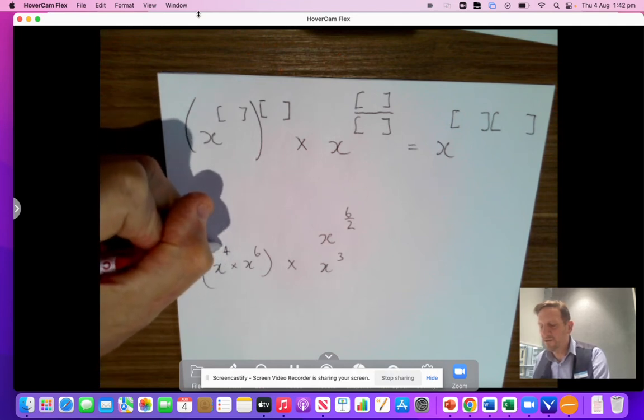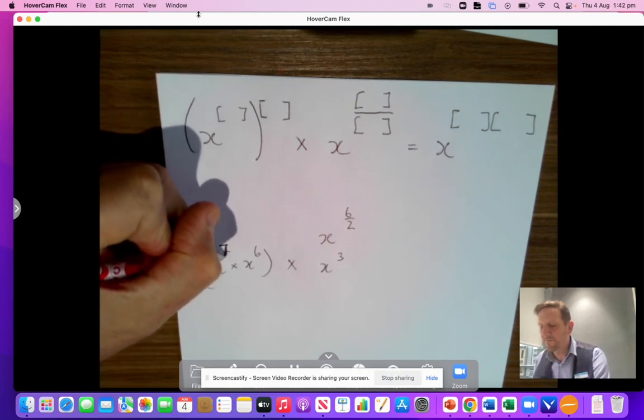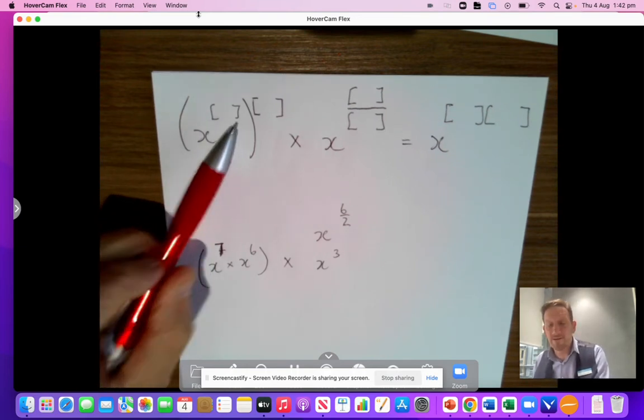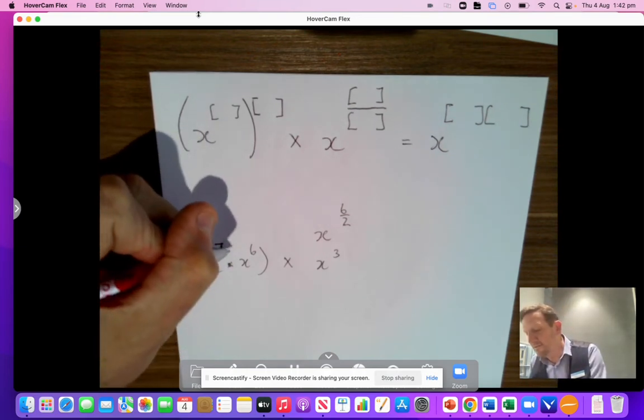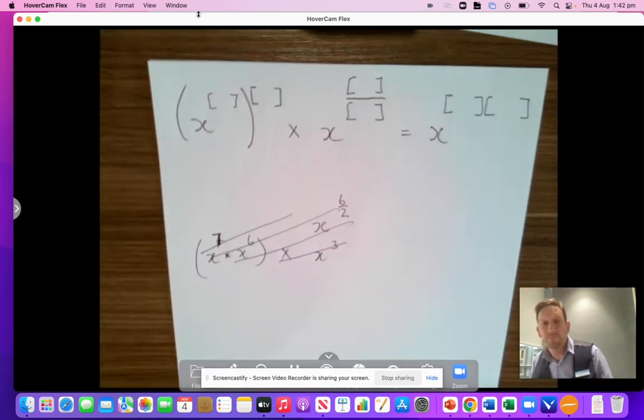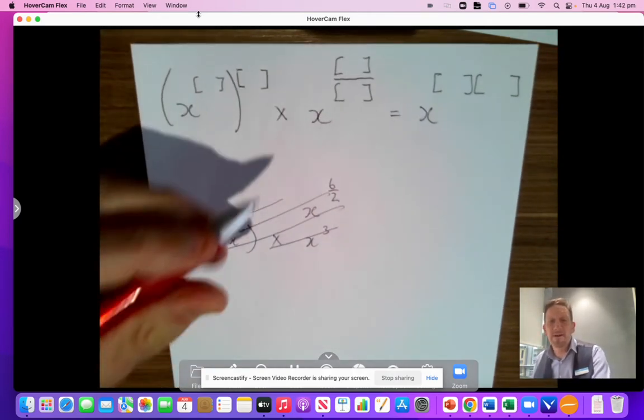So let's change this to 7. And that's not how it's written here, is it? Let's start all over again. Okay, doesn't matter about making mistakes.